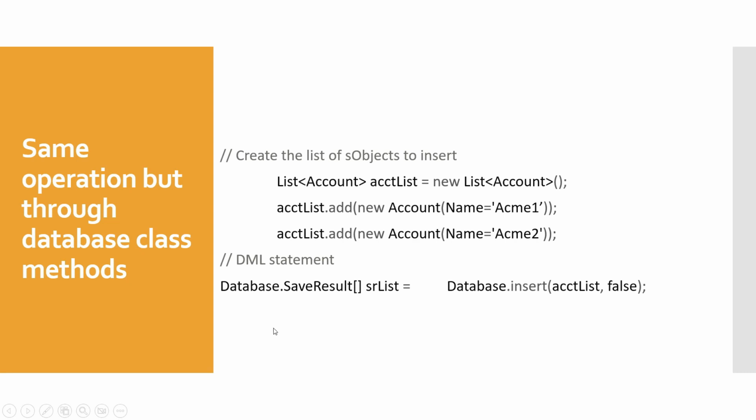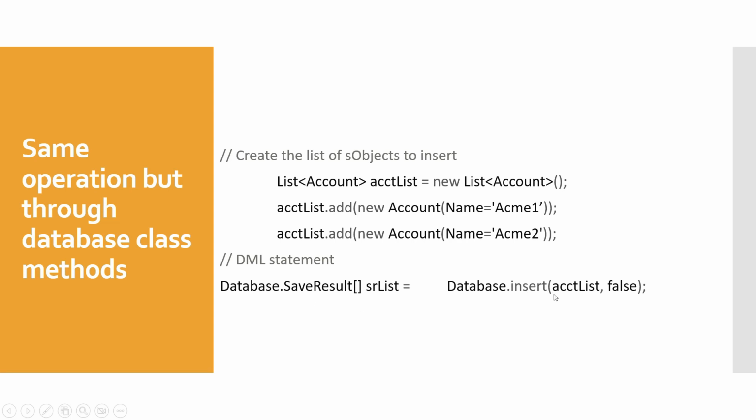Now we are performing Database.insert on acctList, and the second parameter value is false. What it will do is perform partial processing of records in case of errors.